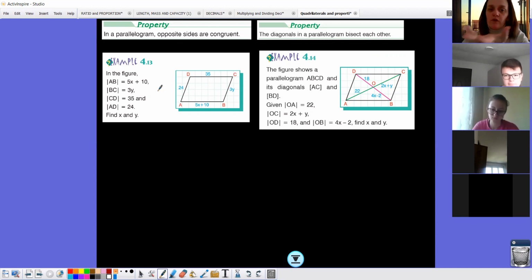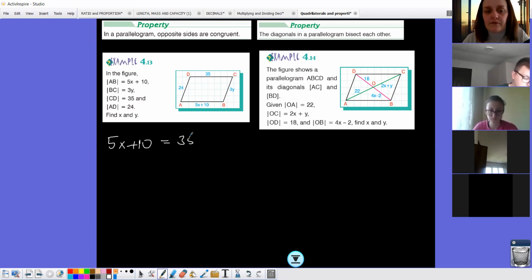For example, we may have a question about this. Look, the sides are given, and one part is given with a variable. From the property, we can say that 5x plus 10 is equal to 35.